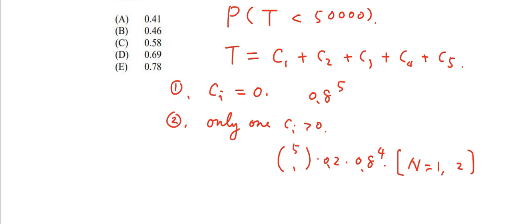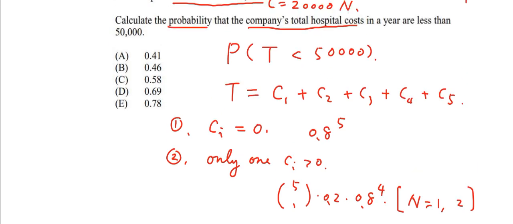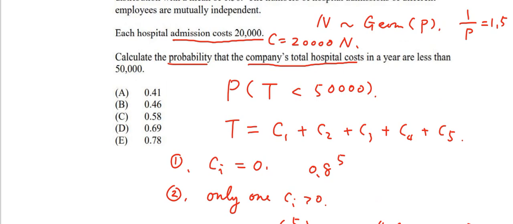Only 1 or 2. It cannot be 3, since 3 exceeds 50,000, right? Each admission is 20,000.